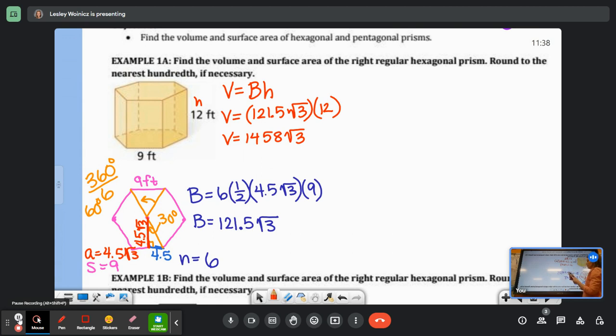So I got 2525.33. And that is cubic feet. Feet cubed. That's the volume.